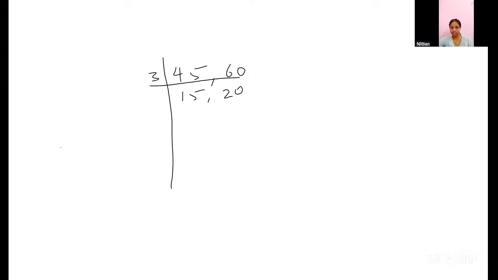But 15 and 20 both are in the table of 5. 5 threes are 15, 5 fours are 20. Now, can 3 and 4 be in the same table? No. So we will stop here because 3 and 4 cannot be in the same table.